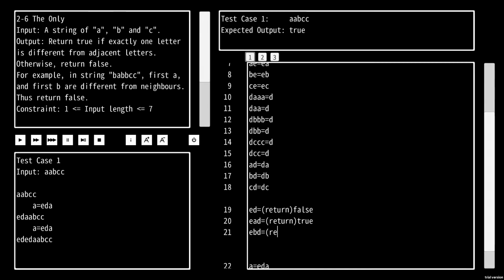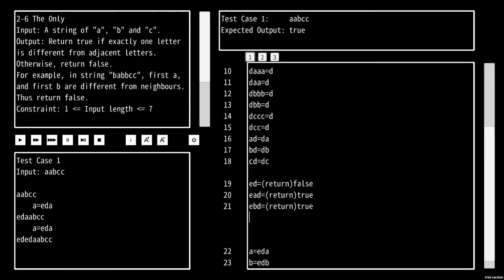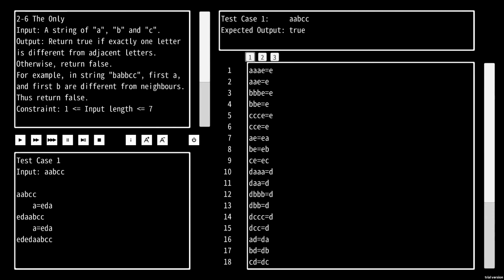EBD equals return true. ECD equals return true. I actually don't need that top one, because we can just do equals return false. And I think this works. Okay, let's test it out.